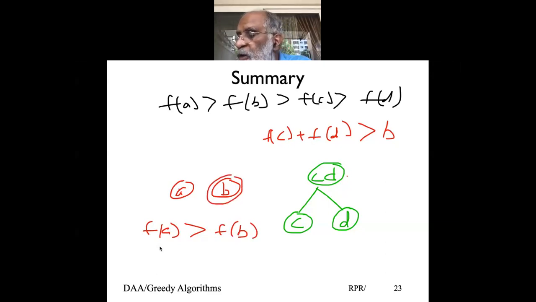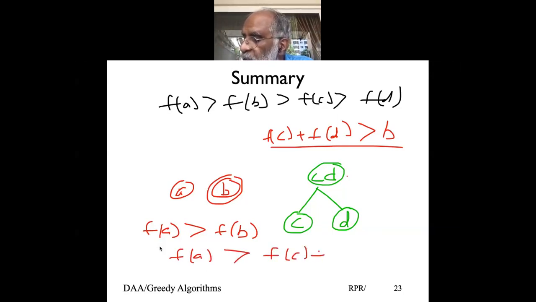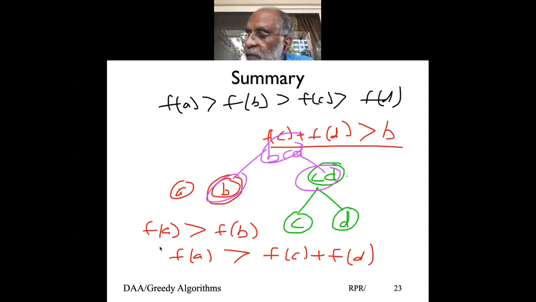Now whichever is lowest, A or CD, I'll pick. Assuming this is only given to us for option B, let's consider the case where FA is greater than FC plus FD. If FA is greater than this, then what would happen? We will combine B and CD, and this becomes a node BCD, and then I have another node.